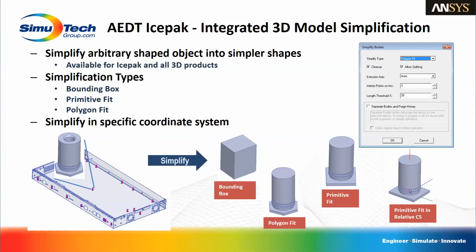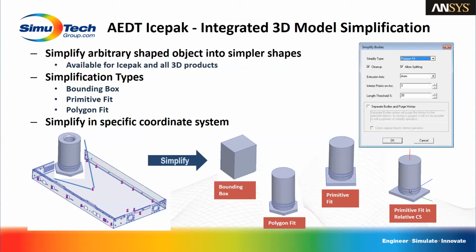And what that meant was that not only were you maybe simplifying something to a simpler shape, which would allow for a less complex mesh, but you were also converting these objects into Icepack primitive objects, right? Icepack will only operate on things that are identified as primitive objects. So the simplification routines were kind of twofold in terms of why you would do that.